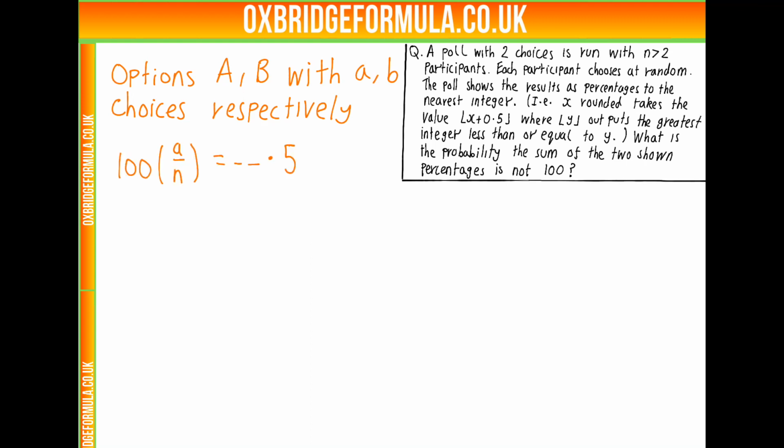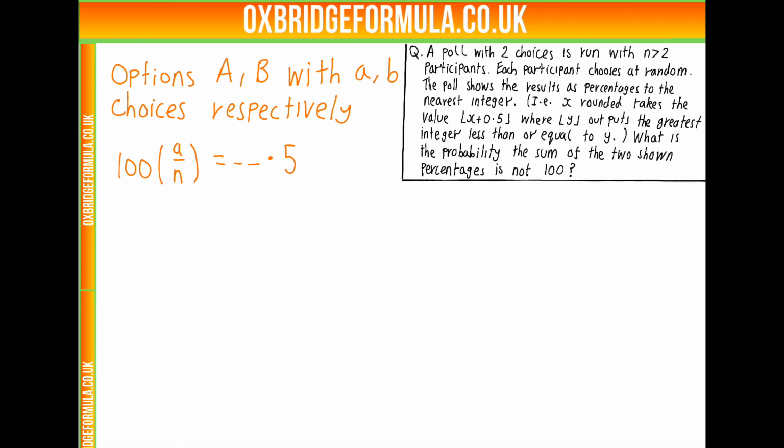Well, we want 100 times A over n, so percentage A, to equal something point 5. So we want it to be equal to some odd number over 200. So we'd say something like (2k plus 1) over 200 for varying k.